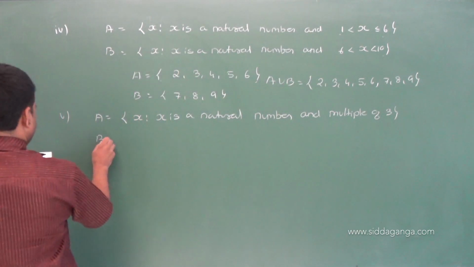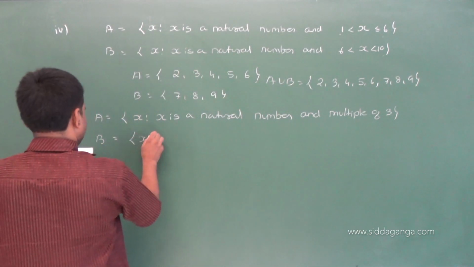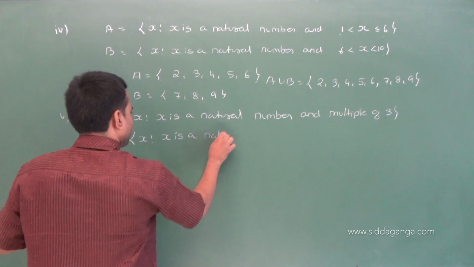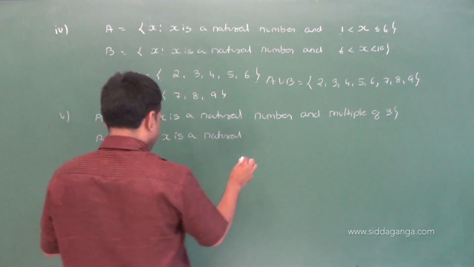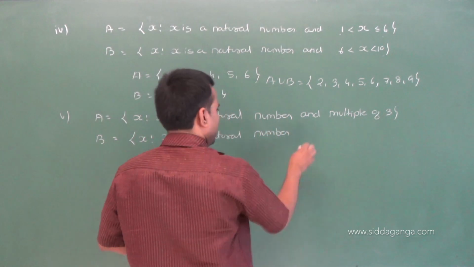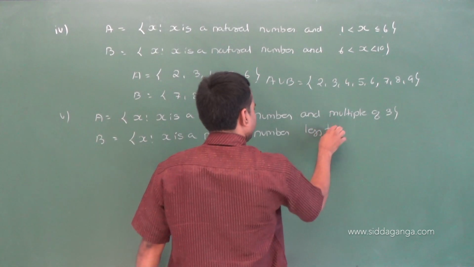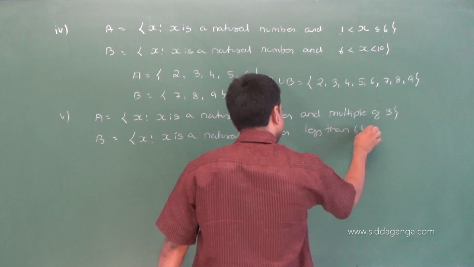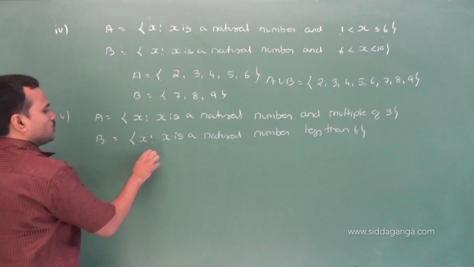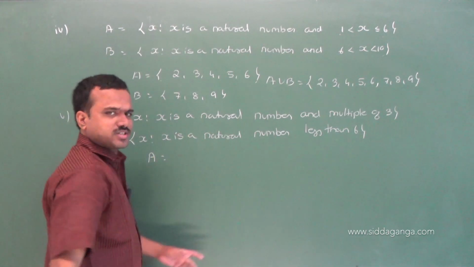B is equal to x such that x is a natural number less than 6. Just now we discussed this problem.